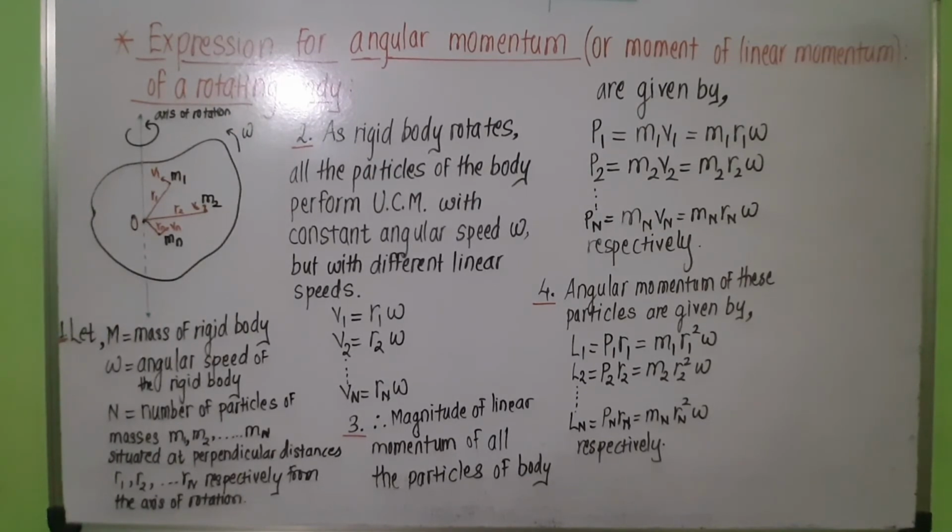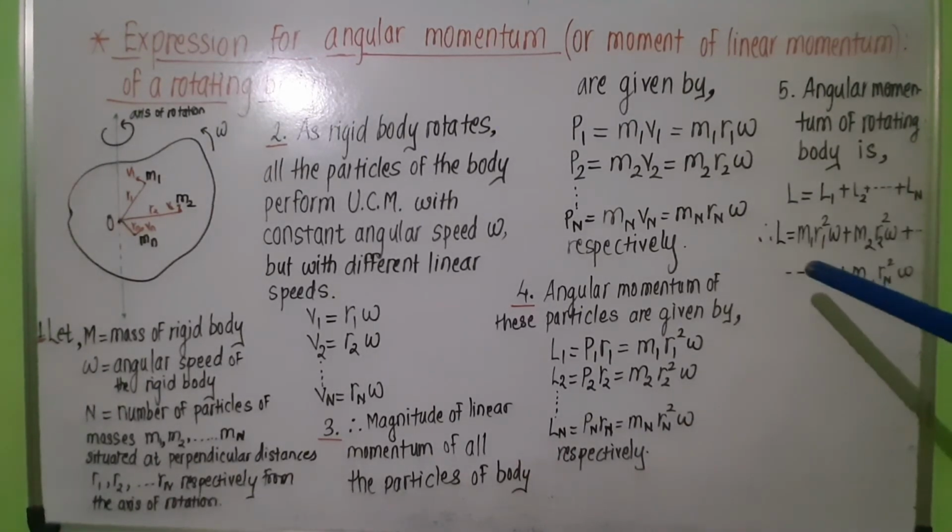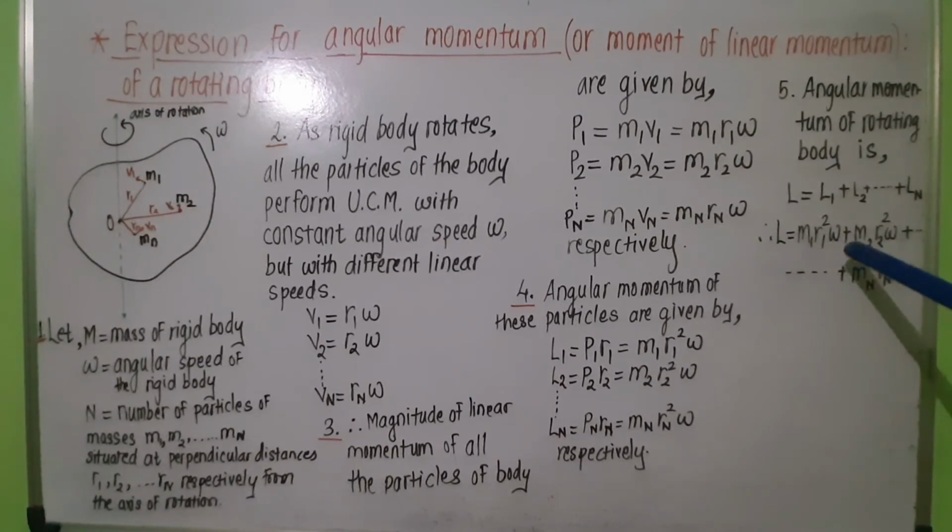Now angular momentum of a rotating rigid body is equal to the sum of angular momentum of all the particles of this rotating body. So we can write L is equal to L1 plus L2 plus so on plus Ln. Now substituting these values, that is values of L1, L2, so on, we get L is equal to m1 r1 square omega plus m2 r2 square omega plus so on mn rn square omega.